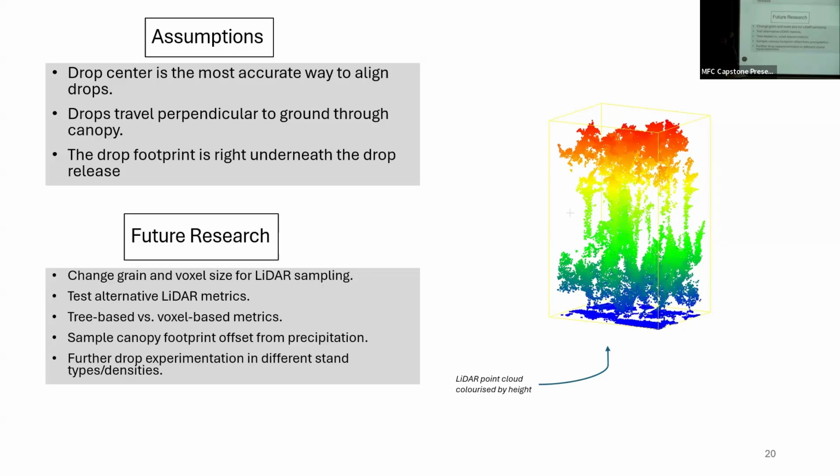Also, we could look at potentially tree-based metrics as opposed to what was used here, which was voxel-based metrics, as in the canopy interception and throughfall literature, people often look at distance from tree stem as a metric of how much water penetrates.